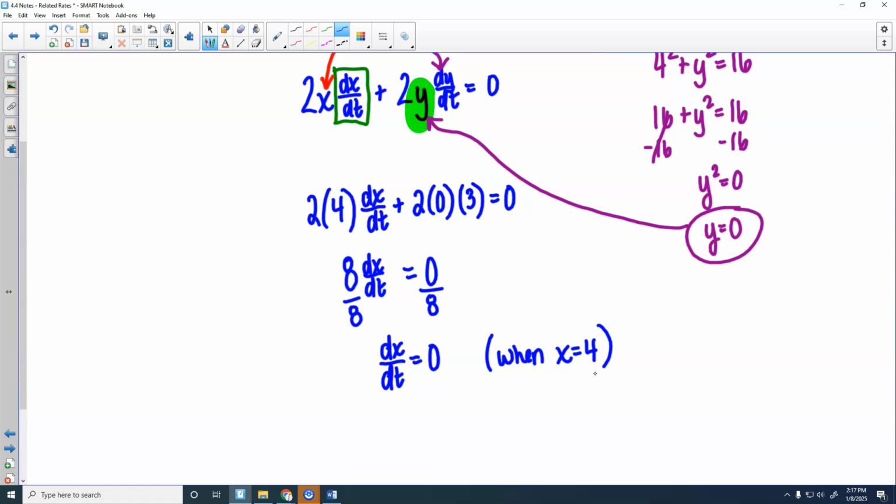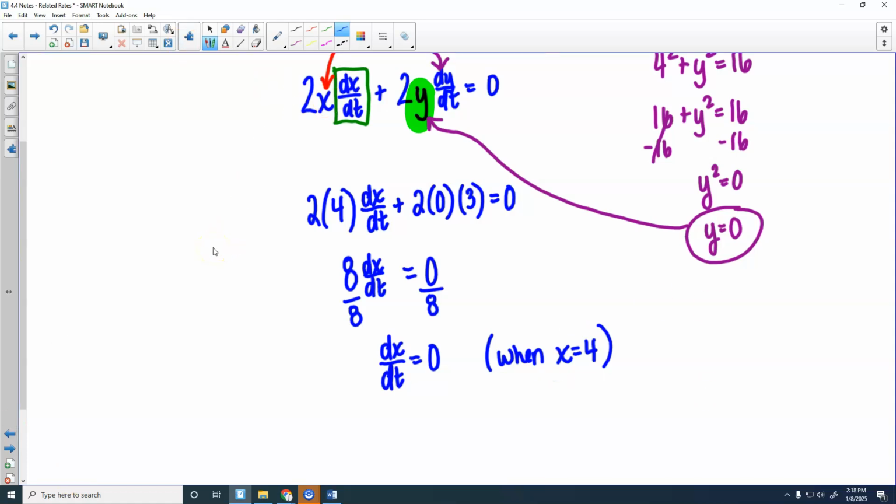So it would usually not be an issue. They would not include it in the answer on a multiple choice because they've asked you this question. It says when this happens, what is dx/dt, so it wouldn't be necessary. If you did see it on an FRQ, I'd put it there, but I think it's highly unlikely you'll see it as an FRQ.